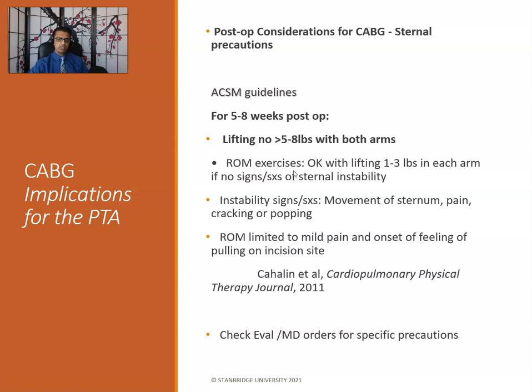Range of motion exercises are okay with lifting 1 to 3 pounds in each arm if no signs or symptoms of sternal instability. Instability signs and symptoms: movement of sternum, pain, cracking, or popping. Range of motion limited to mild pain and onset of feeling pulling on incision site. That's okay. And then check the eval and MD orders for specific precautions if there's anything else.